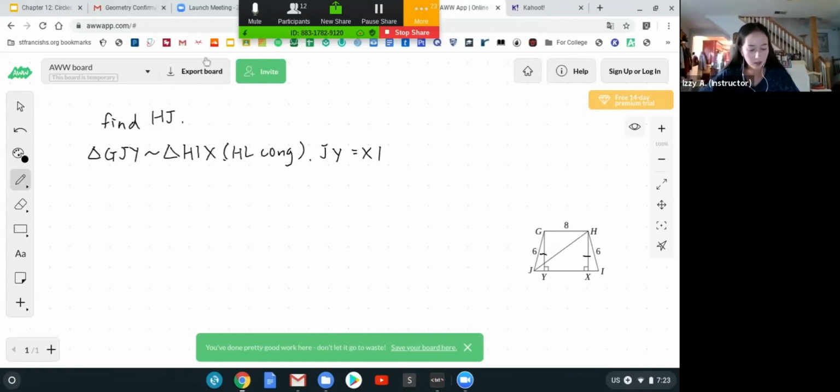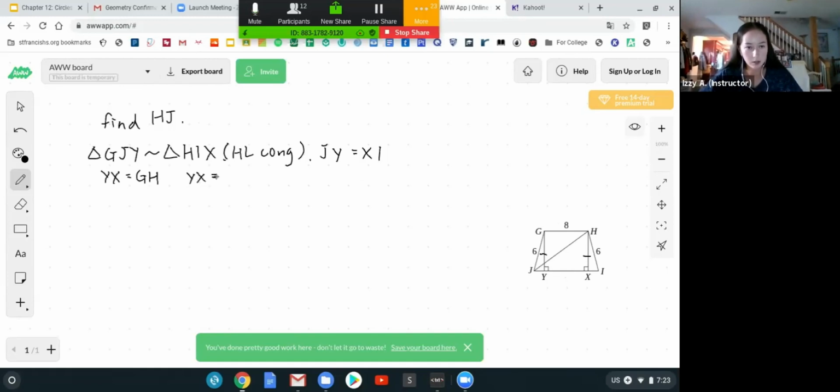So next, we can figure out that YX is equal to GH because GY is parallel to HX, and YX and GH are the distance between GY and HX. So this means that YX is going to equal 8.